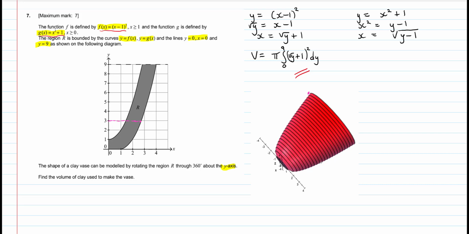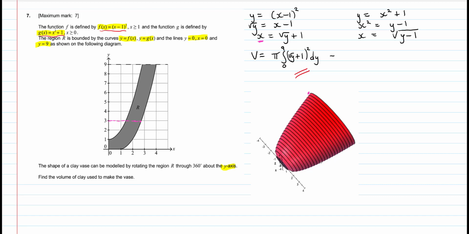So the volume of the cylinder then would be pi times x squared times our small change in y, which we're calling dy, which is our height. So that's why we wanted to make x the subject earlier, because that is the radius of each of these little cylinders.